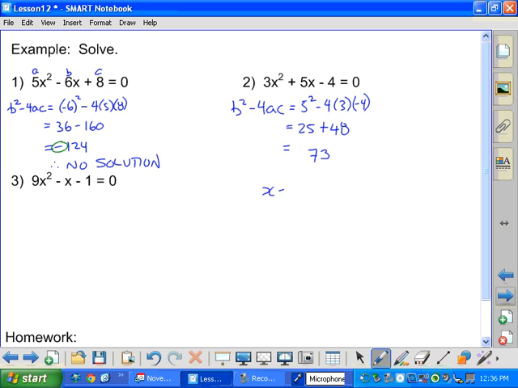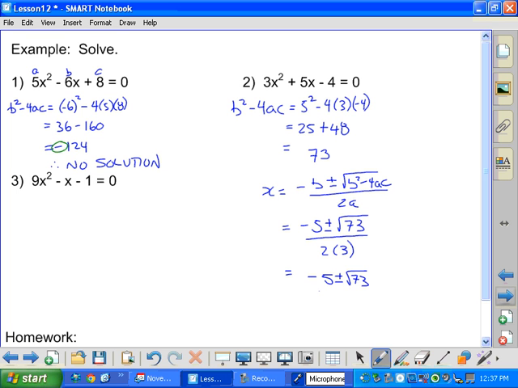Now when I go to the quadratic formula to solve this question, negative b plus or minus the square root of b squared minus 4ac over 2a, I go ahead and do my substitution. So it'd be negative 5 plus or minus the square root of 73, over 2 times 3. So we're looking at negative 5 plus or minus square root of 73 over 6.